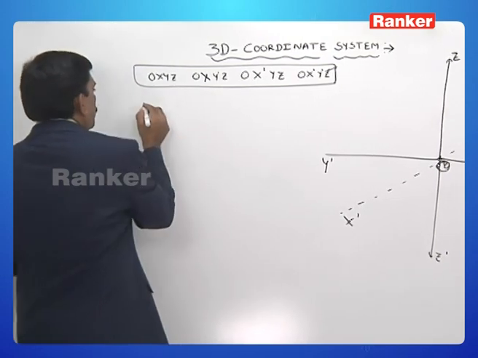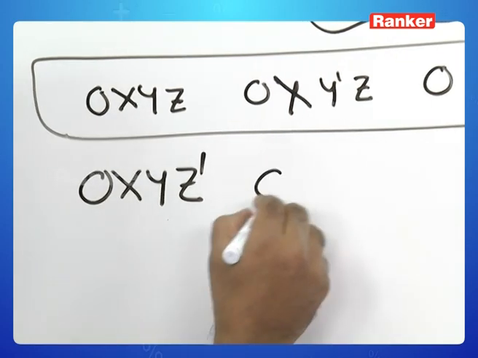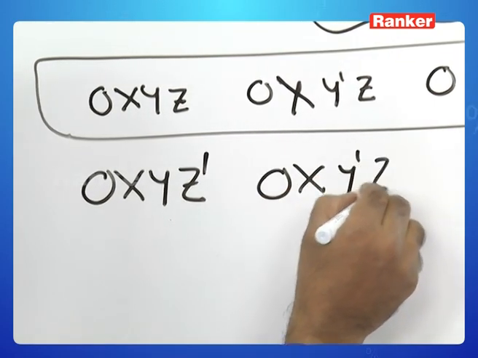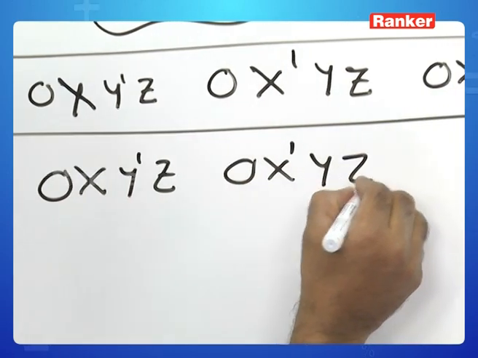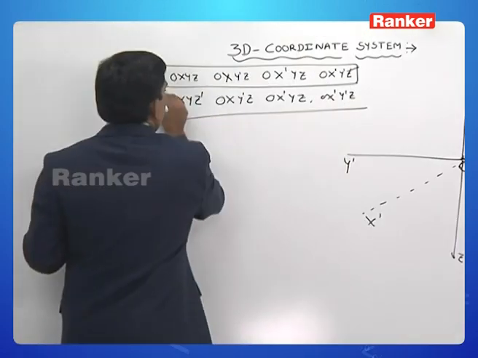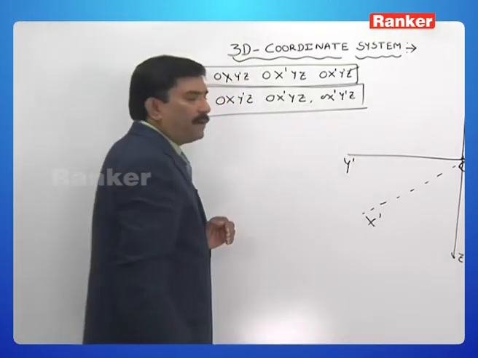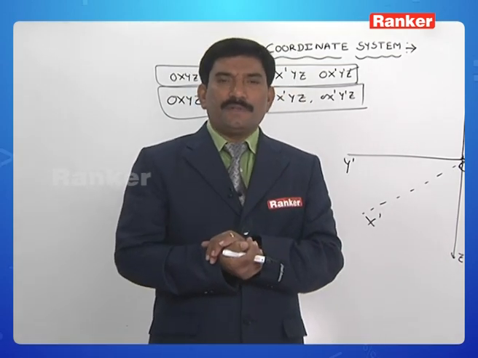In the same fashion, I can also write OXYZ dash, OXY dash Z dash, OX dash YZ dash, OX dash Y dash Z dash. These are called 8 compartments. What do we call them? Octants.